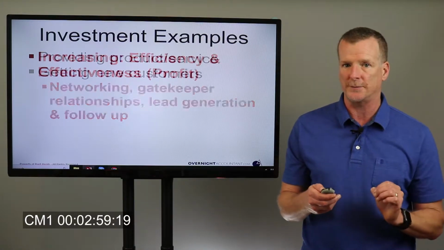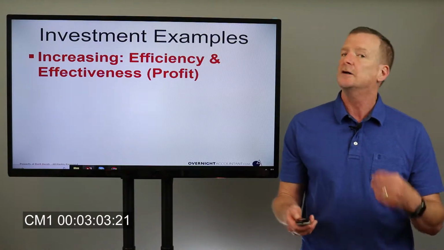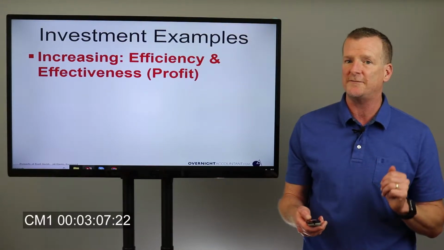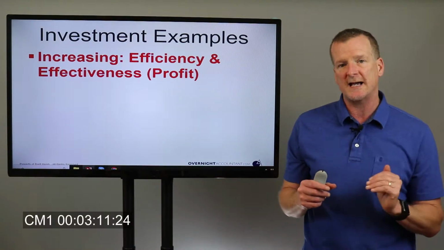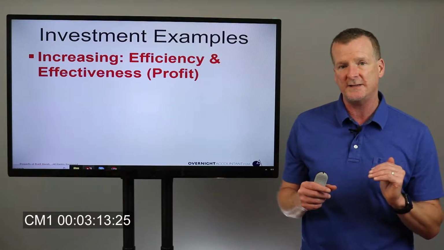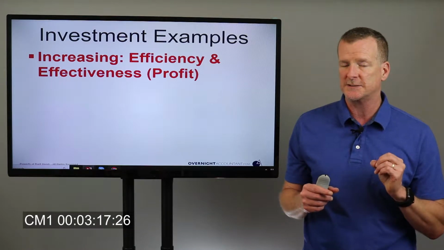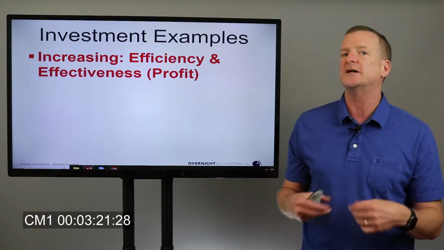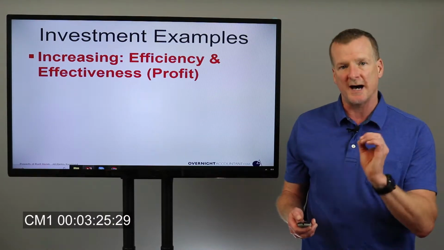So systems are going to help you do that. We want to increase efficiency and effectiveness of all of our activities. That means increasing profit, making current customers happy, getting new customers, generating a profit, basically investments. If you can't draw a straight line between the activity and one of those 3 items, making current customers happy, getting new customers, or helping to become more efficient and effective by generating a profit, which you're doing right now through systems, it's not an investment.